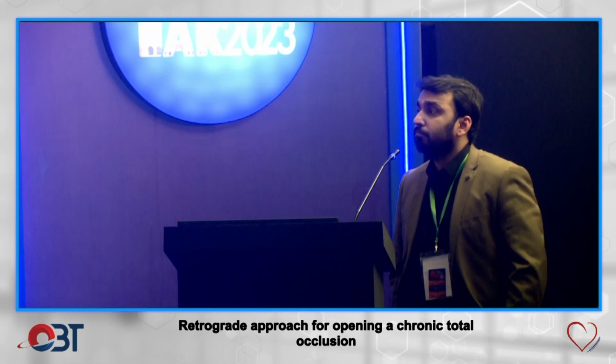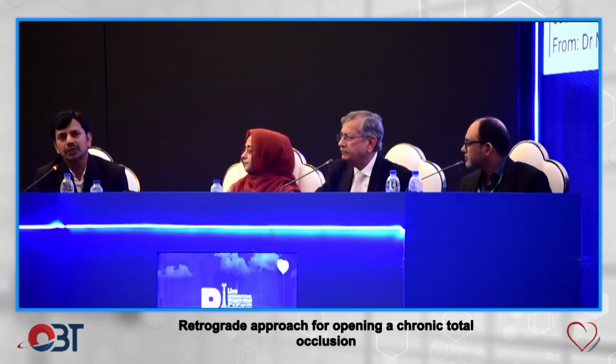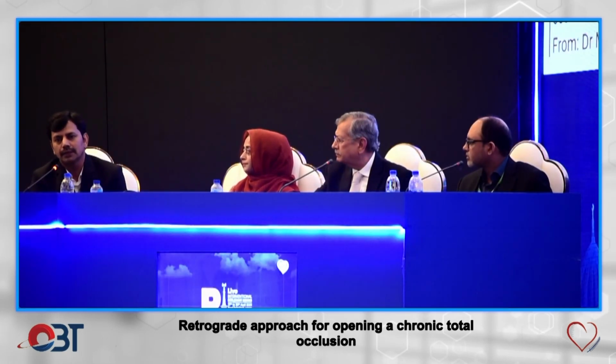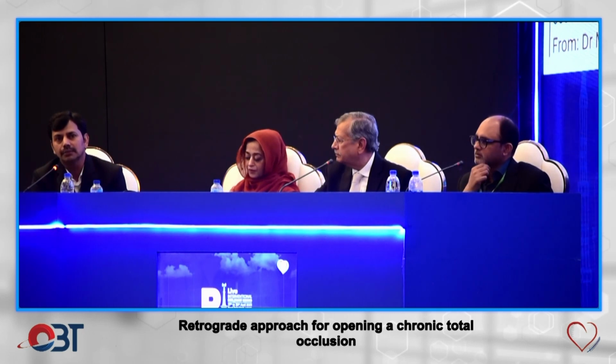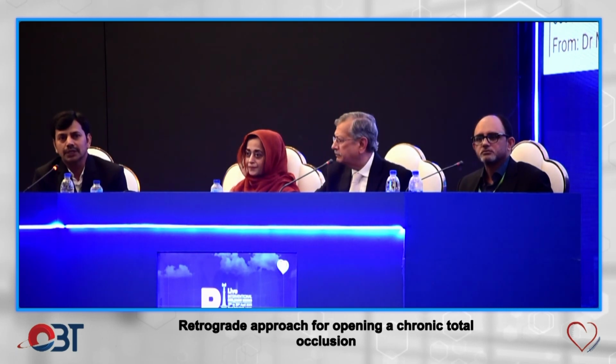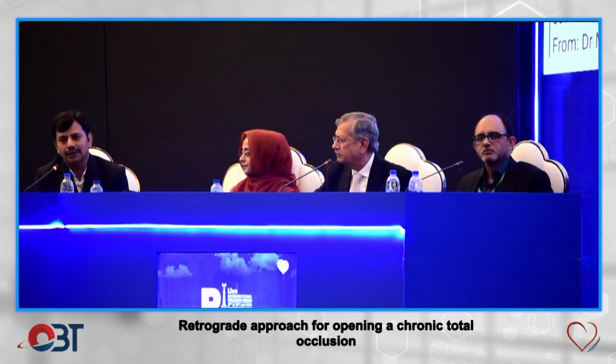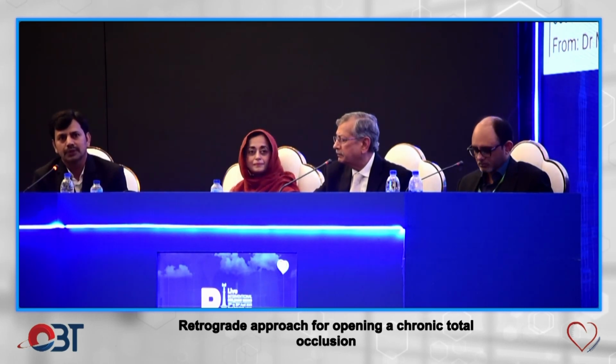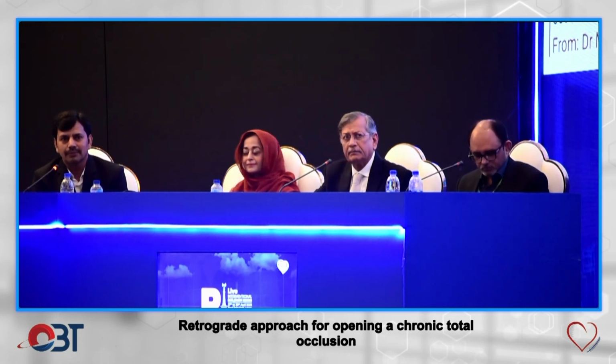One question regarding, for example, you are short of some equipment like a long length microcatheter that's not available to you, or that's short, and you have difficulty with externalization of the wire into the antegrade catheter. So are there any other options to get the wire antegradely, which you took from the retrograde approach? Did you understand my question or not?